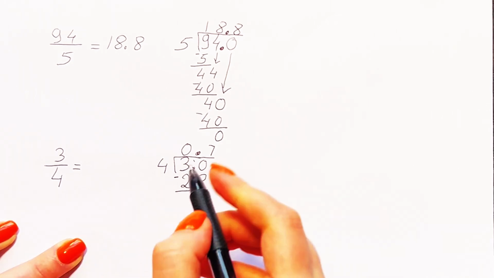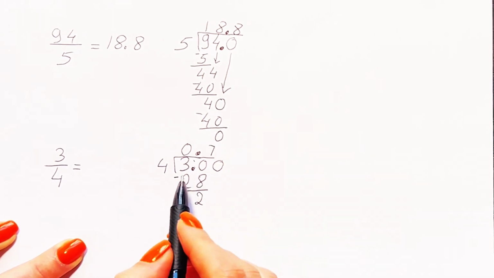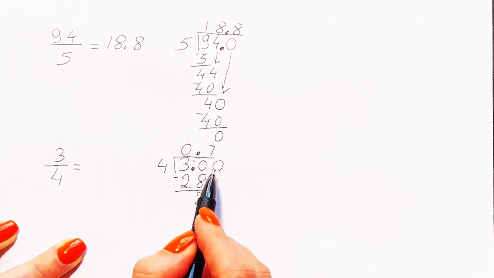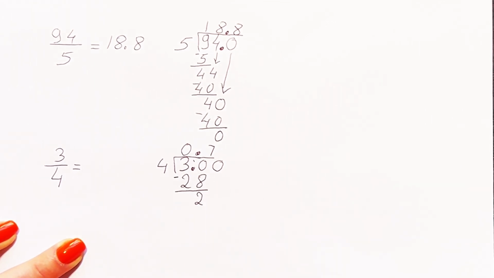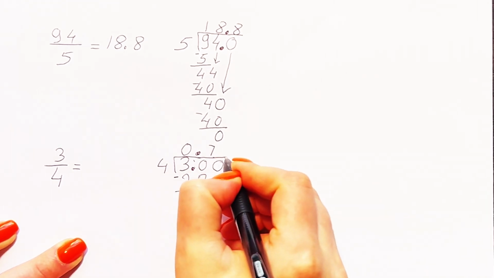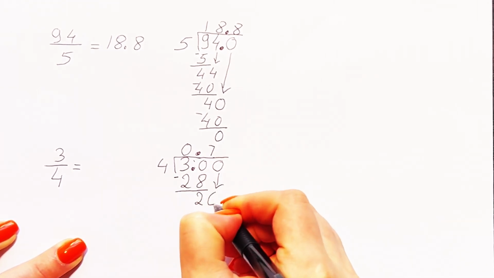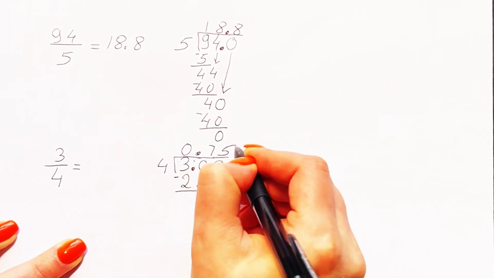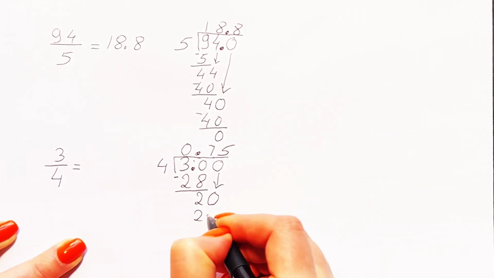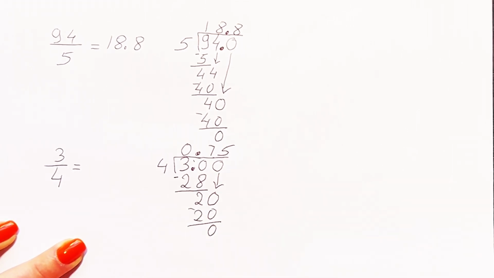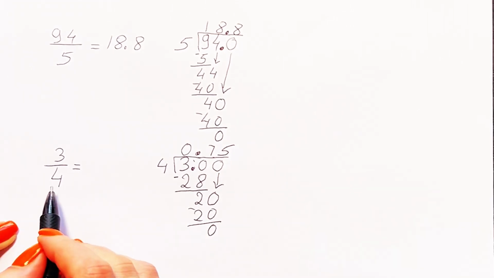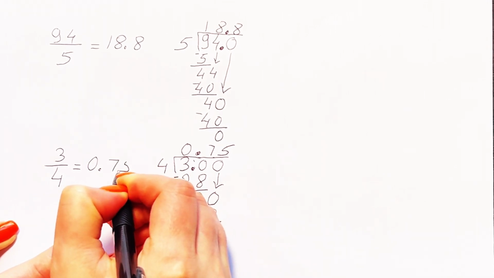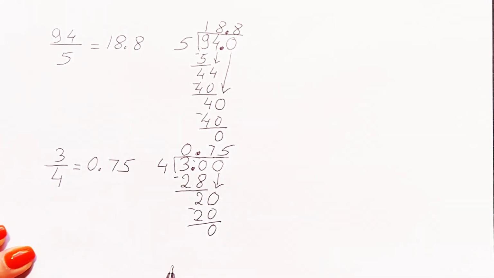So I'm going to add another 0, because 3 and 0 tenths or 3 and 0 hundredths is the same number. It has the same value. So I'm going to bring down the next 0. 4 goes into 20, 5 times. 5 times 4 is 20. Now I get a 0 remainder. So 3 over 4 is equal to 0 and 75 hundredths.